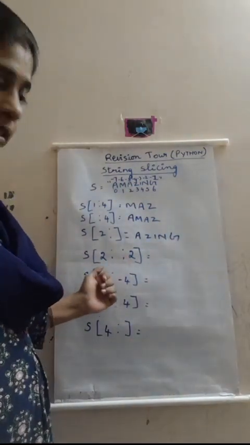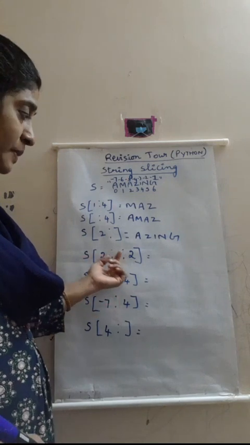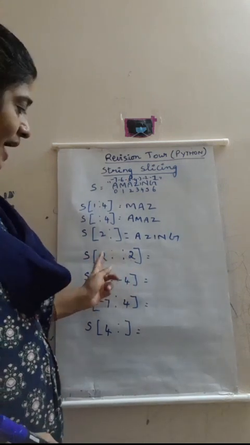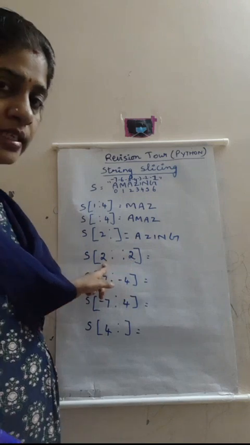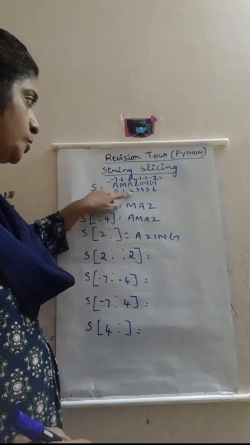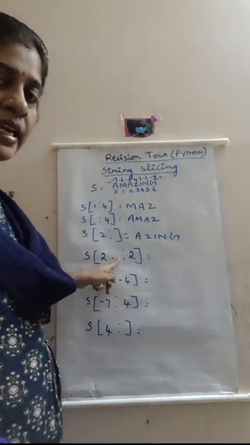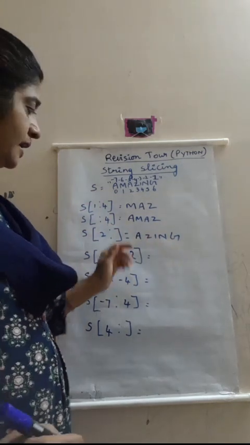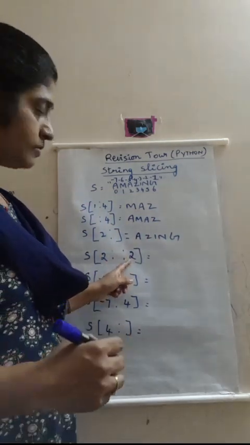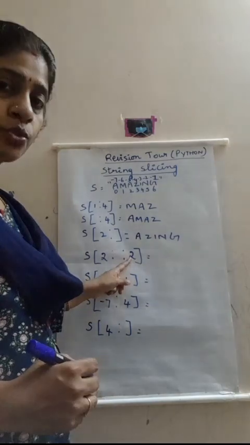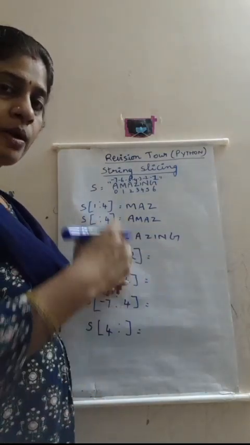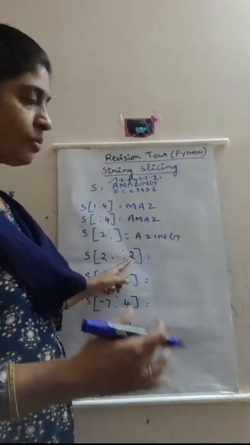And in this case, I have specified the step also. The starting index is 2, and I have not specified the end index, so it will go up to the end, and I have specified the step as 2. That means it will skip one character.